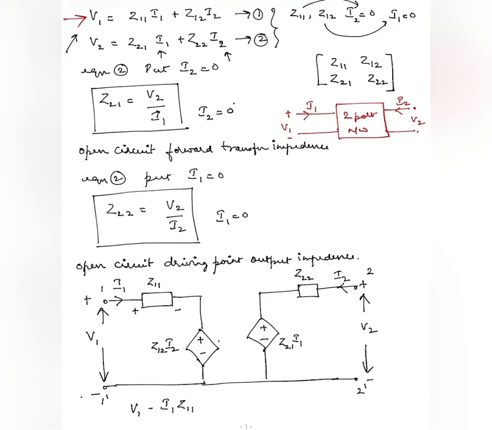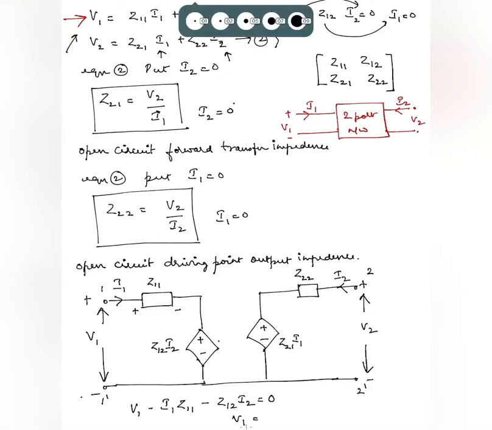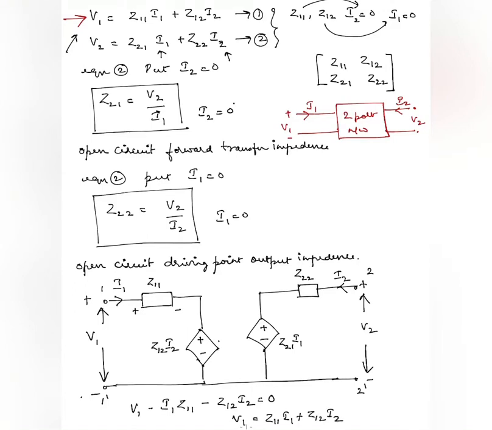And here you have plus to minus, so it is minus Z12 I2 is equal to 0. This is a proper KVL. So from this, if you rearrange, V1 is equal to Z11 I1 plus Z12 I2, which is nothing but the original equation of Z parameter, right?